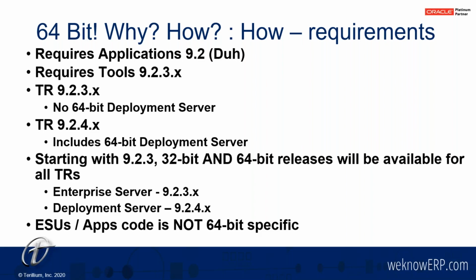So your deployment server itself will be implemented in 64-bit, as opposed to just being able to do 64-bit builds. So basically, starting in 9.2.3, you're going to have 32 and 64-bit releases for all subsequent tools releases, and again, the deployment server starting at 9.2.4.